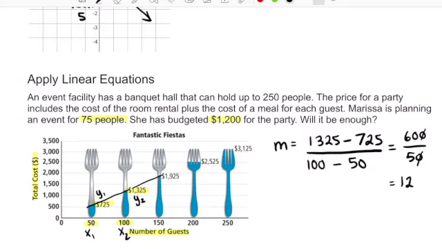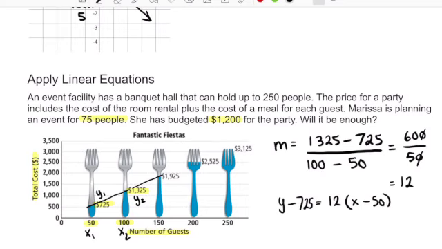Right? Let's put this into our point slope form. So y minus y1 equals m, parentheses x minus x1. First let's put in the slope. I would like to use the y1, which is 725, and the x1, which is 50.